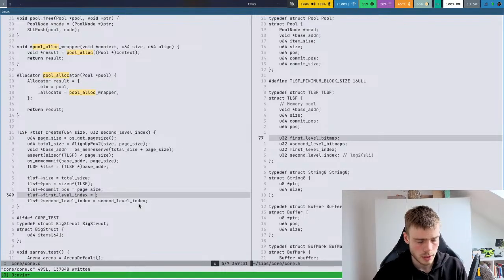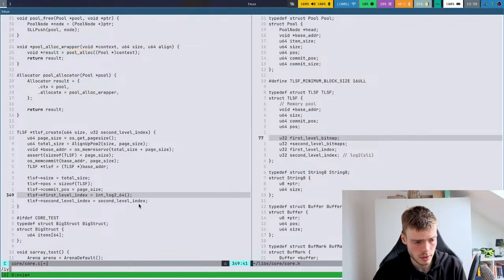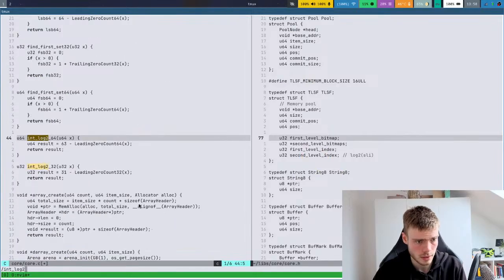And first level index, they also provided the int log2. Add a function for this.